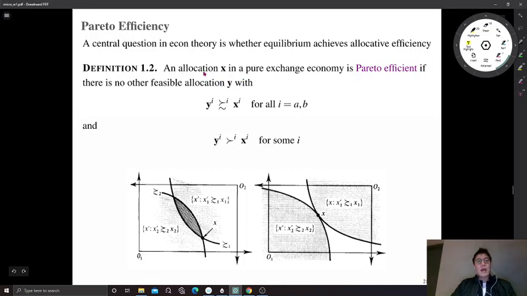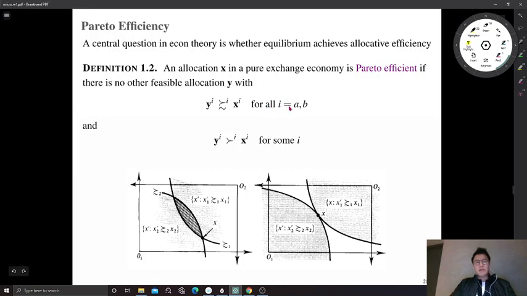So we say one allocation X in a pure exchange economy is Pareto efficient if there is no other feasible allocation Y satisfying the following. So we have two consumers A and B in this 2x2 pure exchange economy.